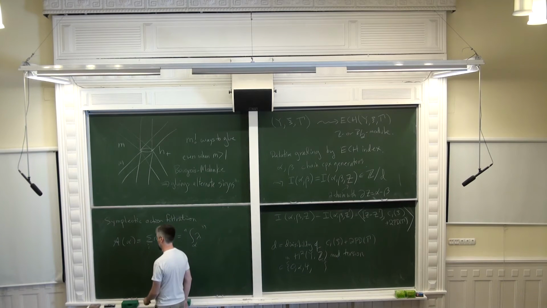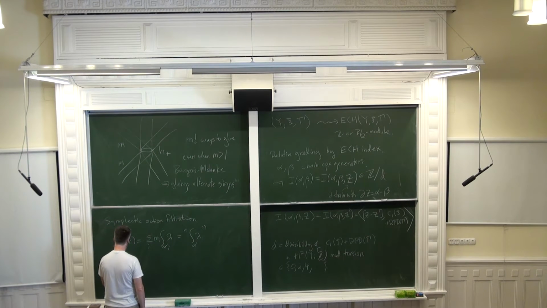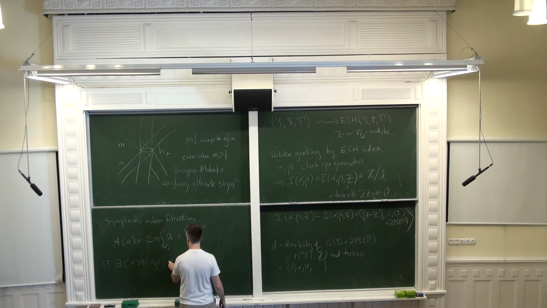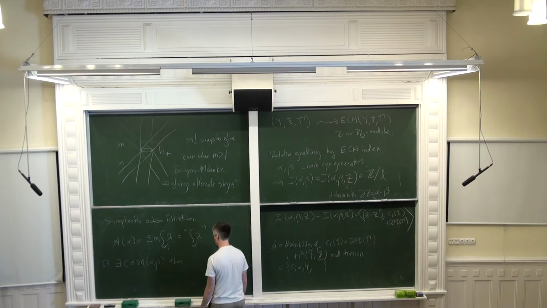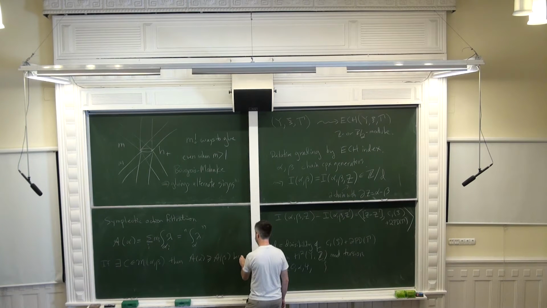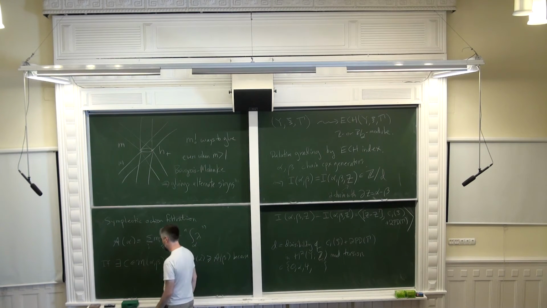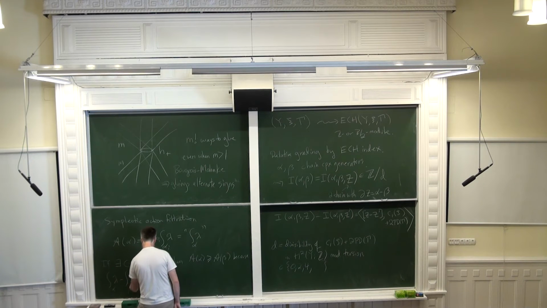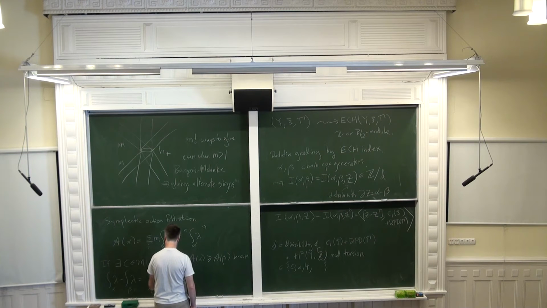And then if there exists any holomorphic curve going from alpha to beta, then just like in any other version of contact homology, the action of alpha is greater than or equal to the action of beta, because if you look at the integral over alpha of lambda minus the integral over beta of lambda, then using Stokes' theorem, this is the integral over C of u star d lambda.